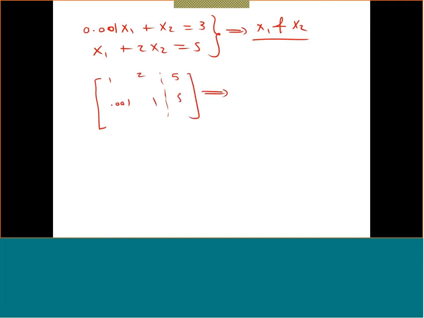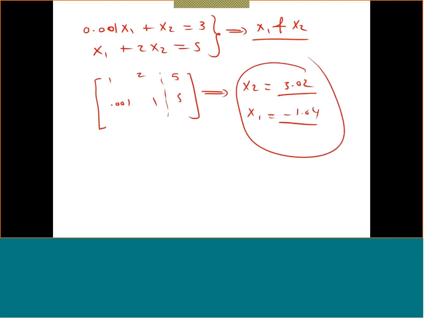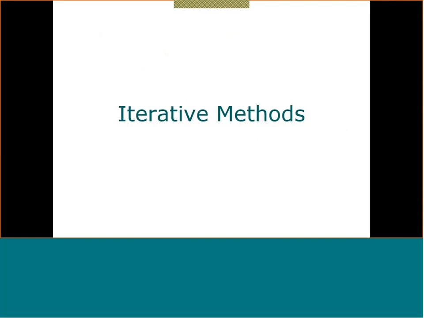And if you solve this system now, you will find that x2 is equal to 3.02 with 3 significant digits, and x1 is equal to minus 1.04. Even if you use 3.001, it still does not give you the right answer. And if you check, you will find that this is the correct answer. So partial pivoting is really very important, and you have to pay attention to it when you solve your problems.